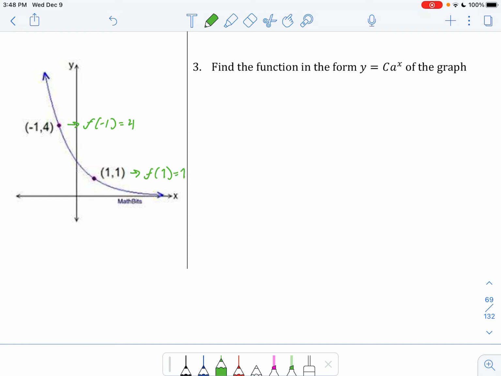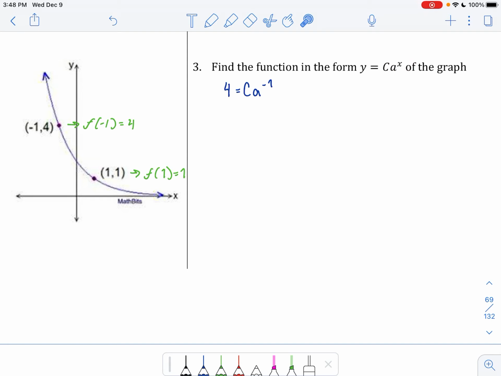I'm going to use those facts in this general form, and say that if f of negative 1 is equal to 4, the y value is 4, c a to the negative 1. All I've done is take my y value, which is 4, and my x value, which is negative 1, and plugged it in from this point.